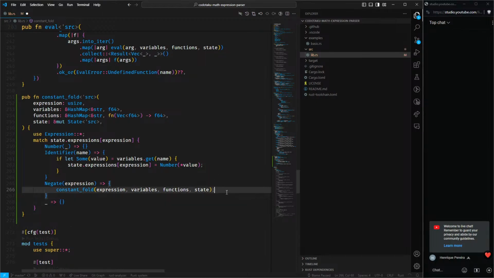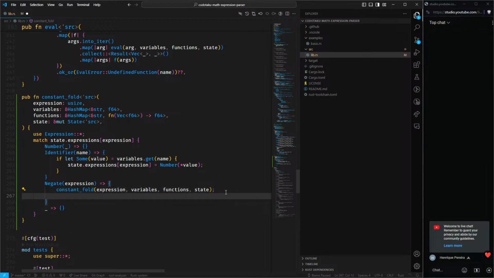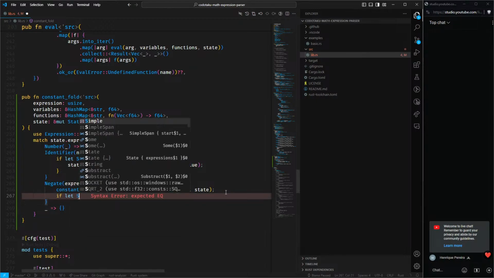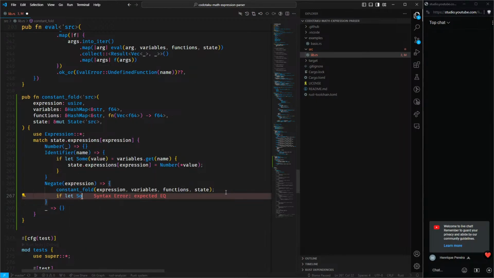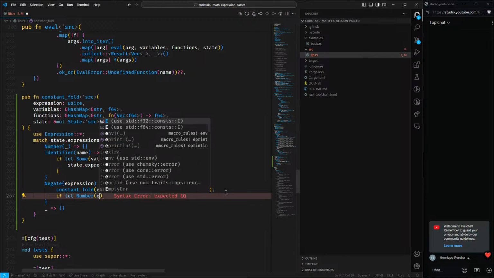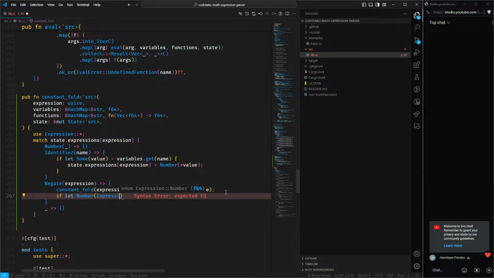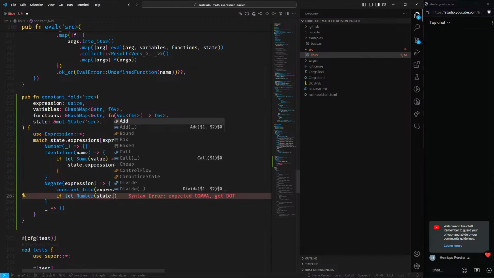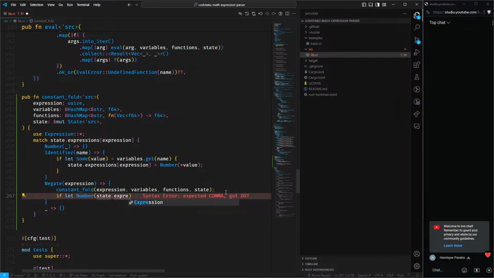After ConstantFolding our children, what we're gonna do is, if let Number, right? So if we can find a number in the expression after we ConstantFold it, meaning that we have optimized it completely, then state.expressions. Oops.